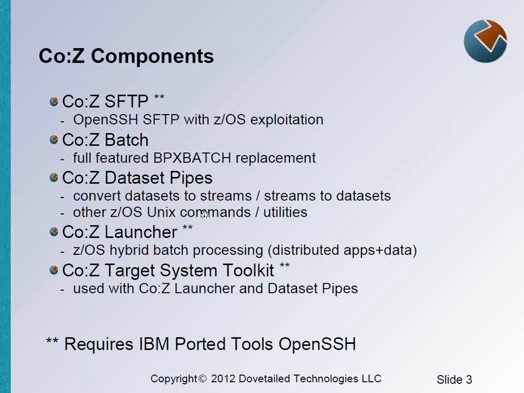Dataset pipes are a bunch of commands that you can run locally, or even over SSH. But most of these components, especially the ones most people use, like SFTP, require IBM Ported Tools OpenSSH for the SSH secure connection layer.